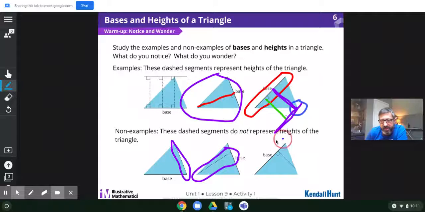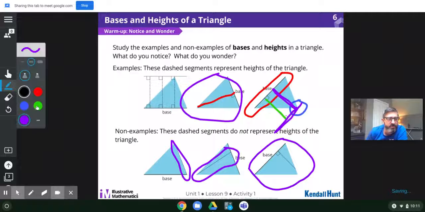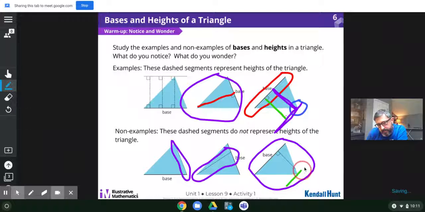This one here may be a little tricky because it is a perpendicular line to the base, but what doesn't it do? Does it come all the way out to the corner? See, that line would need to stretch all the way out here.